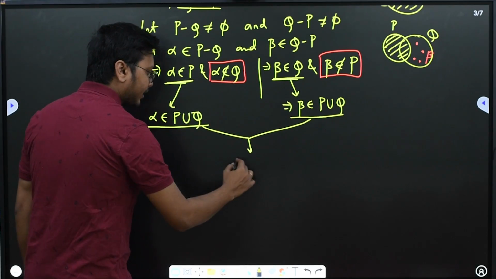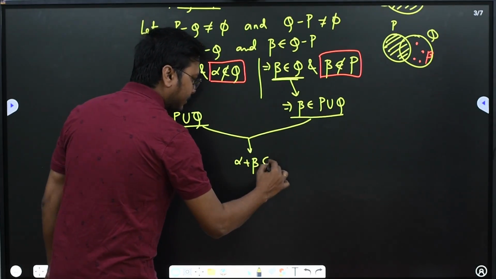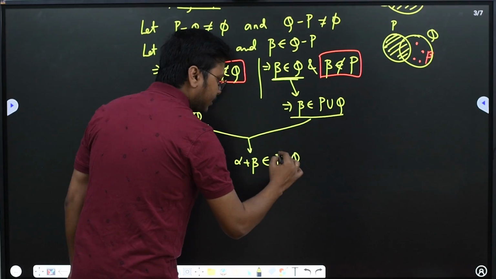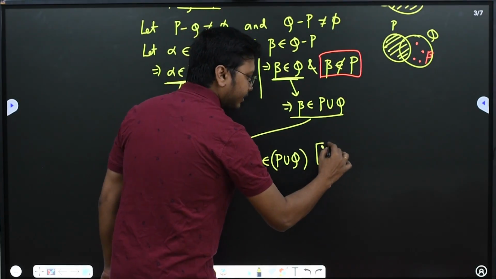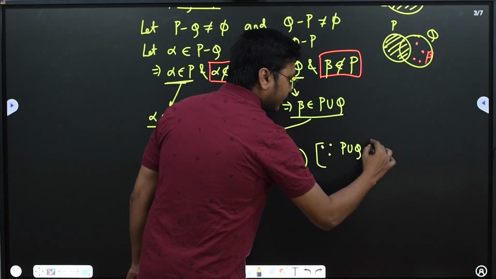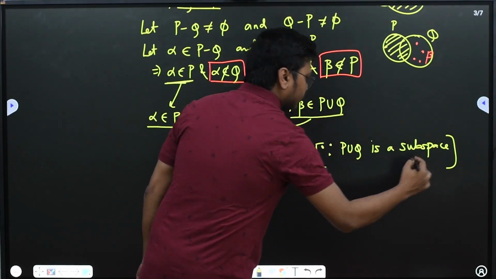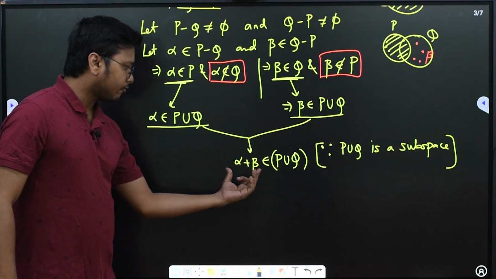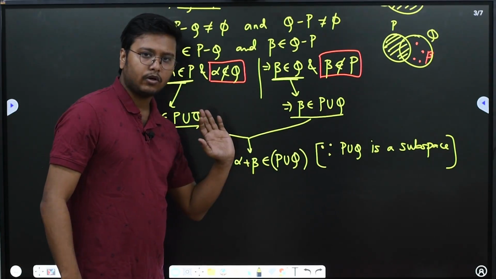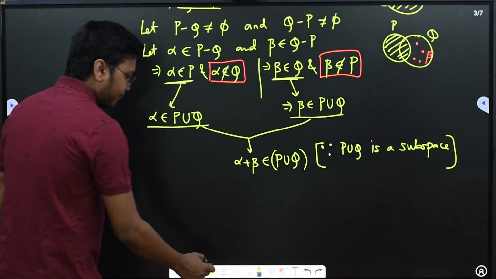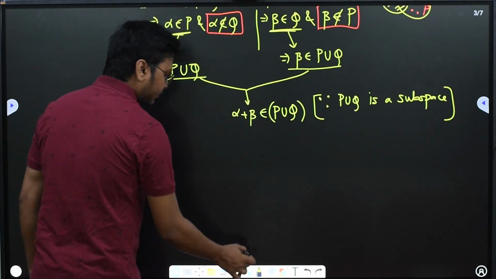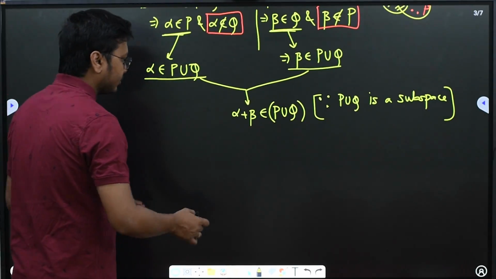So from these two I can say that alpha plus beta must belong to P union Q, the reason being since P union Q is a subspace. So I have used the subspace information and I have got the addition of alpha and beta belonging to P union Q. Okay. So now let's further use some more information.